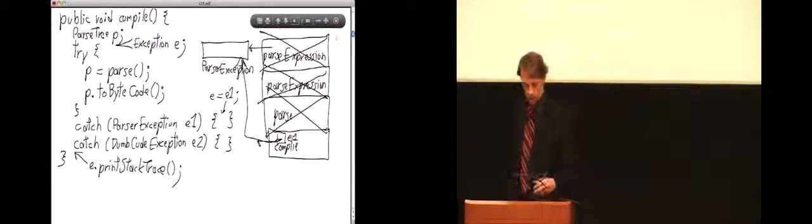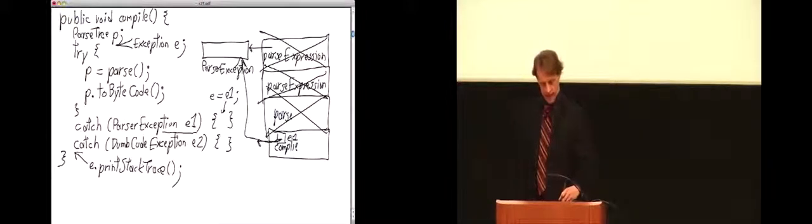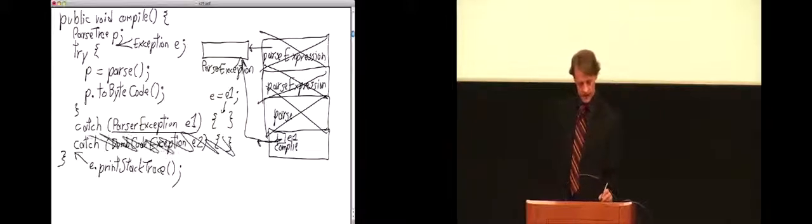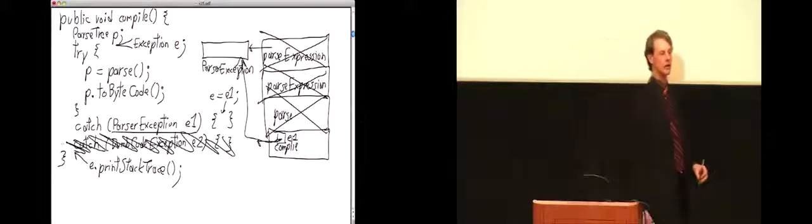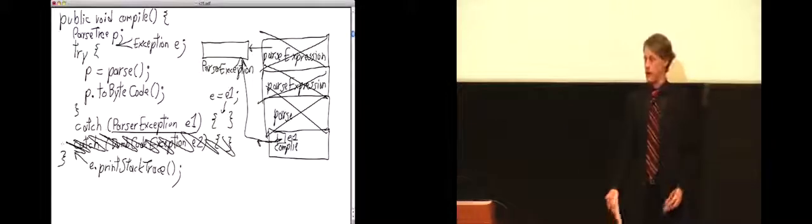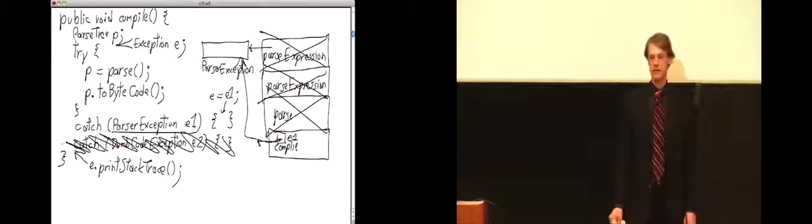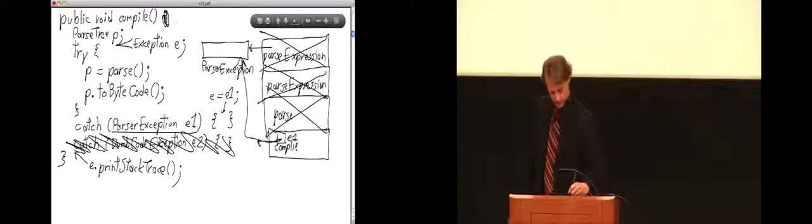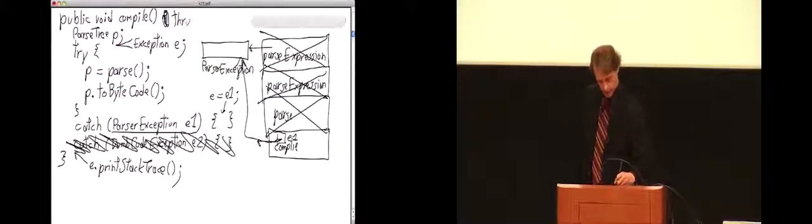And the compile method calls that method, and here it catches the parser exception. What if it only caught the parser exception? Well, then I don't have to declare the parser exception because I catch it, but I do have to declare the dumb code exception because I don't catch it.